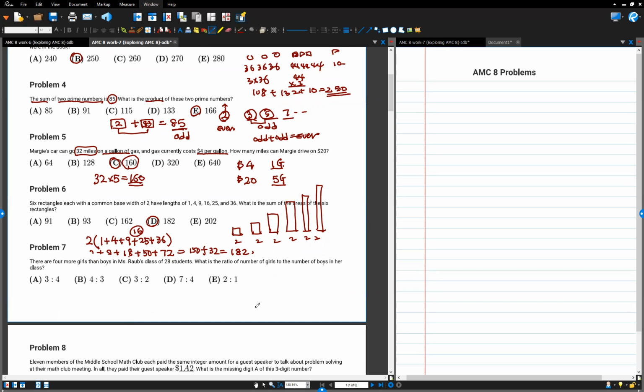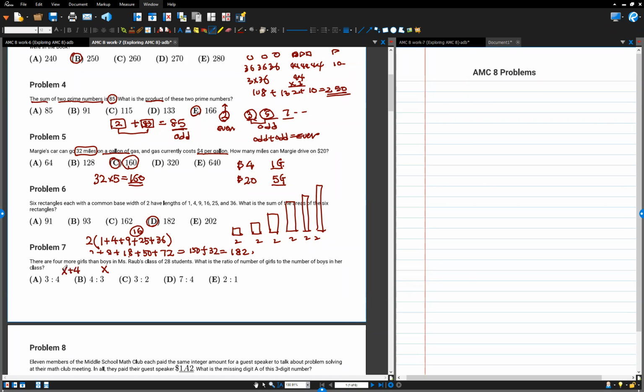Yeah. All right. Maybe you can use, okay, algebra. If the boys is X, girls is 4 more than X. So girls you can express as X plus 4, right?